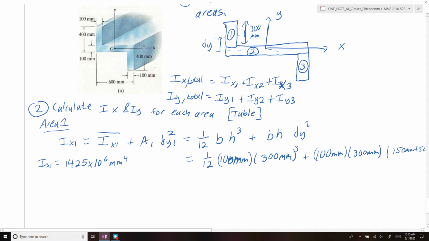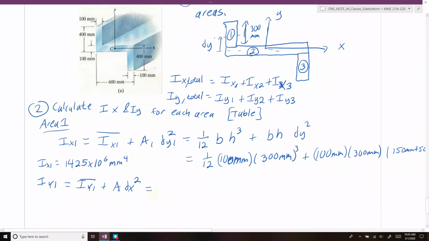So we can do the same process for Iy1. The equation is going to be the moment of inertia about the y-axis of the centroid plus A times dx squared. So Iy1 is equal to 1/12 the height times the base cubed plus the height times the base, or the area, times dx squared.